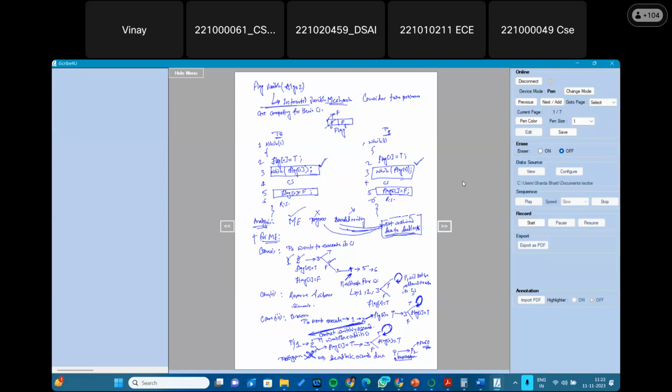Actually, we only have to find one condition where the property is violated. Okay. So since this is an example of deadlock, bounded waiting is also not achieved.